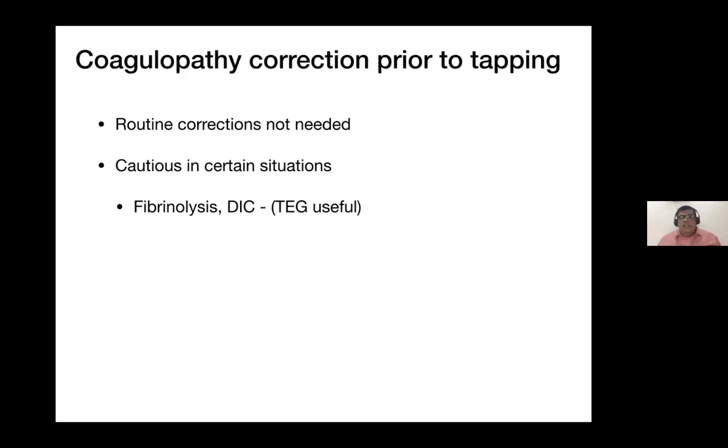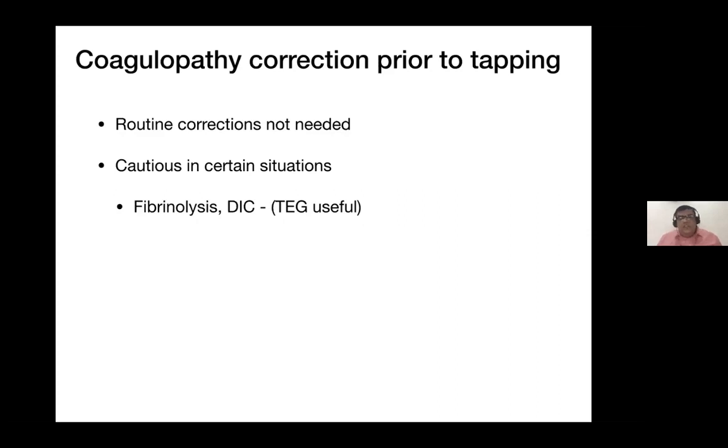And a test like dynamic assessment of clot formation like thromboelastography is useful in these patients before you tap. Presence of renal dysfunction is another feature where you have to be cautious, because you can have qualitative platelet dysfunction, and that can give rise to increased risk of bleeding.